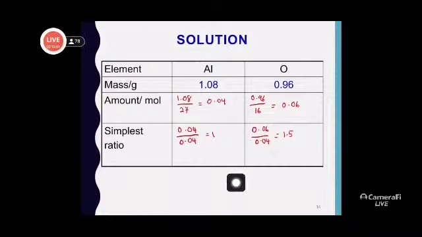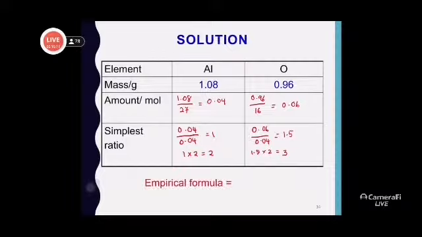So for this one, for aluminium, 1 times 2. So you will get 2. Okay. And 1.5 times 2. So you will get 3. Alright. So the empirical formula of aluminium oxide is Al2O3. Okay.